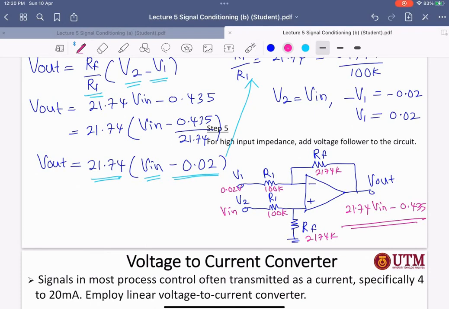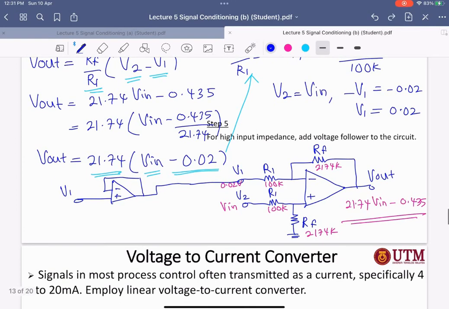Okay guys, all right. So the question said to design for high input impedance, so you can add a voltage follower, right? So for each input, you can add the voltage follower here. So how to draw the voltage follower? Yep, minus plus. Okay, here, then you can have the V1, which is the 0.02.